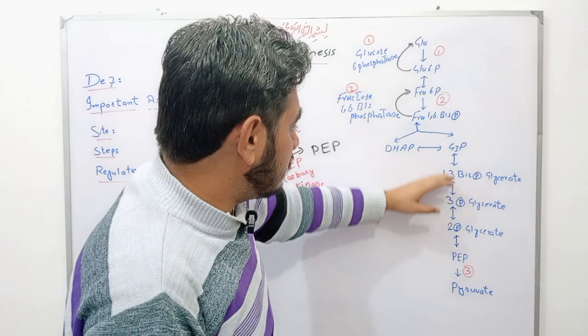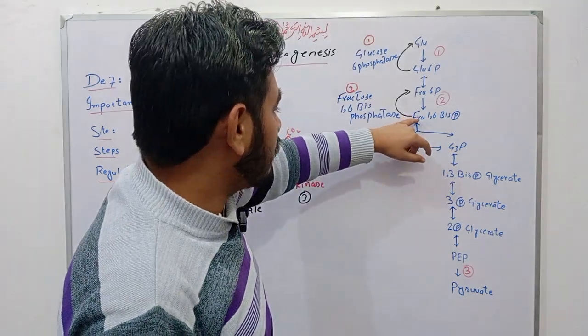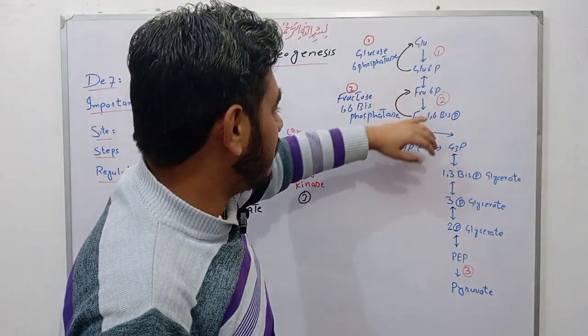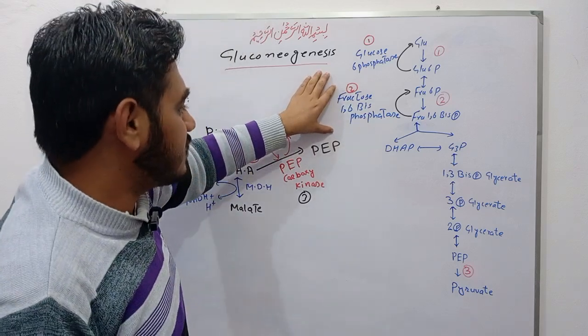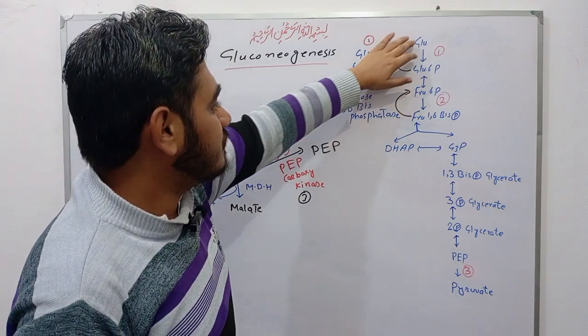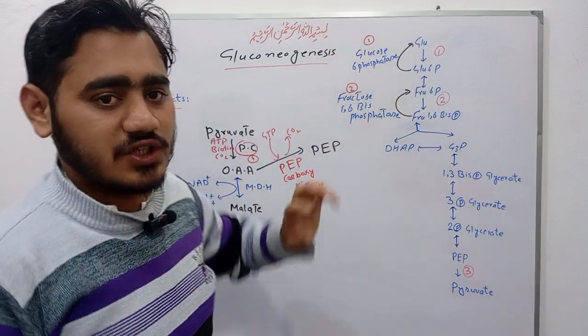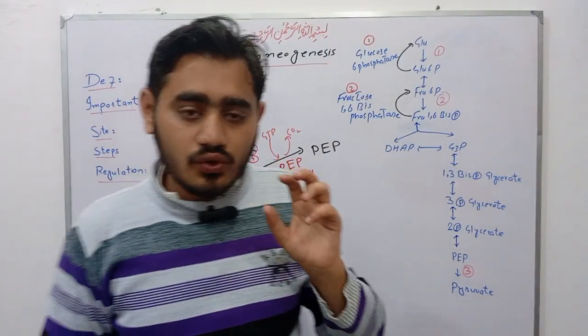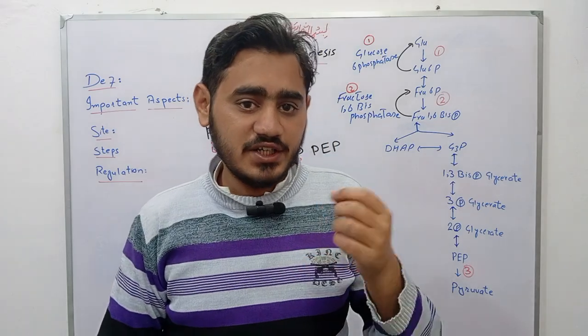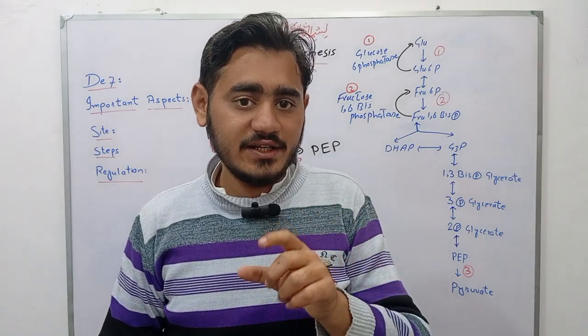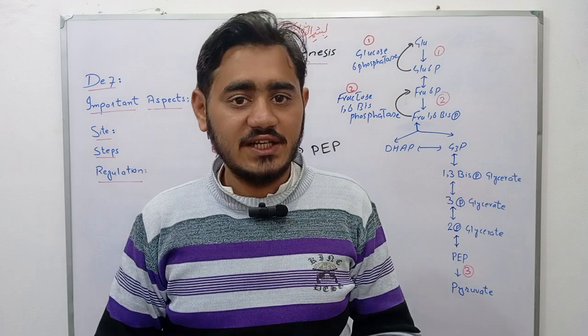Then this fructose 1,6 bisphosphate converts to fructose 6 phosphate with the help of fructose 1,6 bisphosphatase enzyme, and glucose 6 phosphate converts into glucose with the help of glucose 6 phosphatase enzyme. This glucose 6 phosphatase enzyme is present in liver and kidney. It is absent in muscles and adipose tissue.